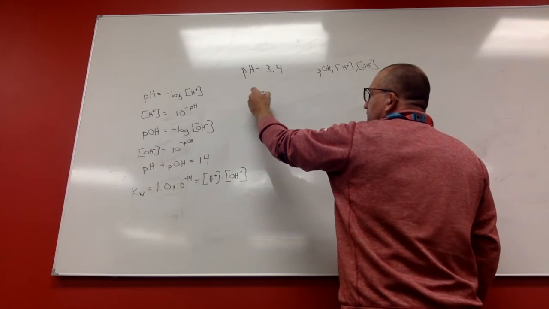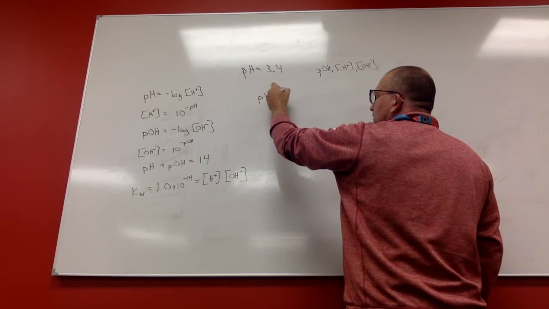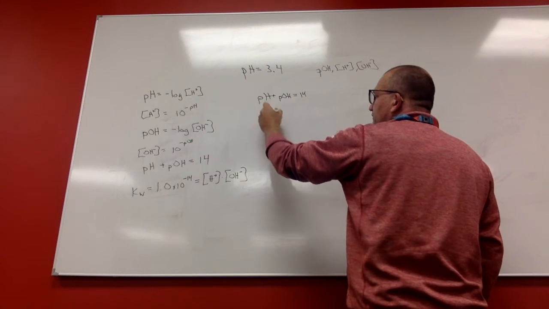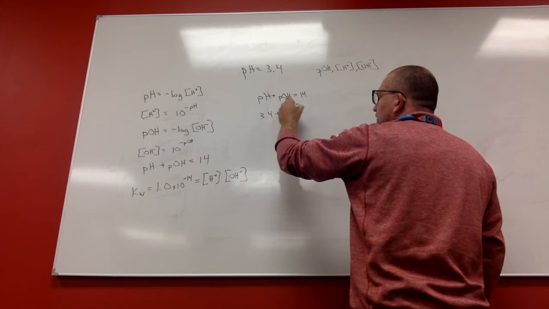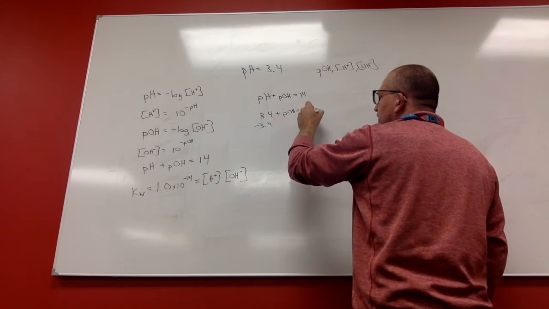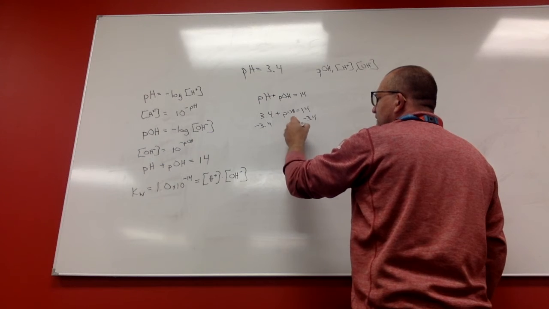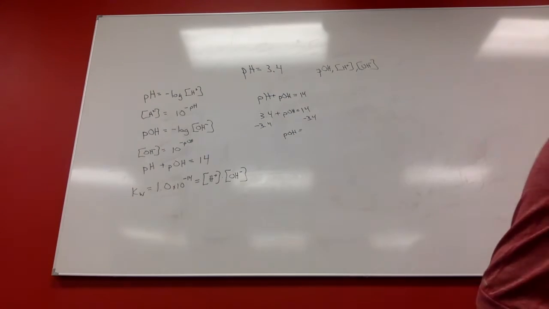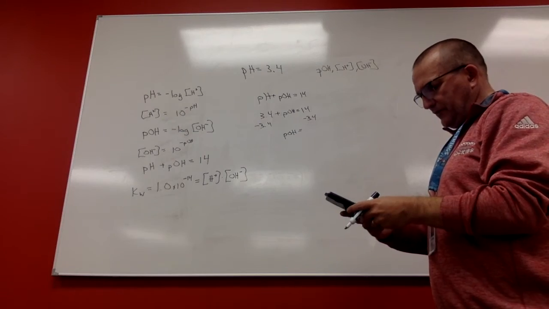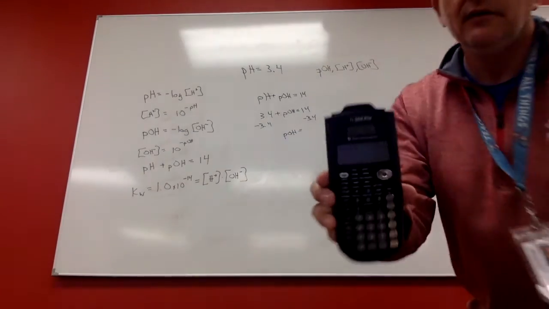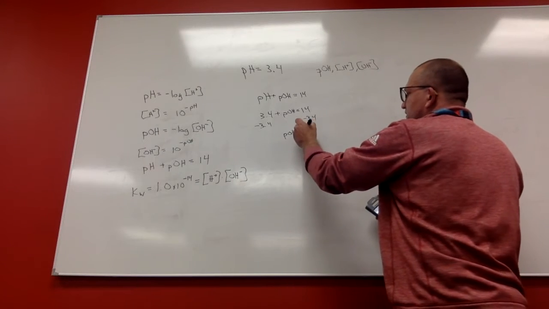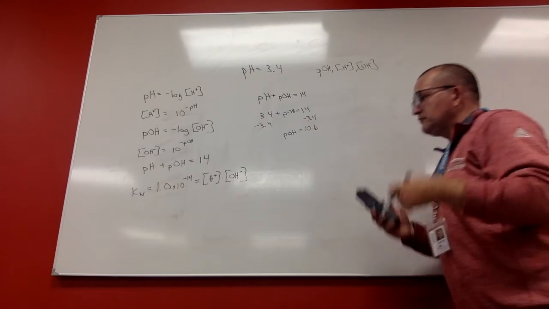I substitute 3.4 in for pH, subtract 3.4 from each side, and I have pOH. So on my calculator, 14 minus 3.4 equals 10.6. So my pOH is 10.6.